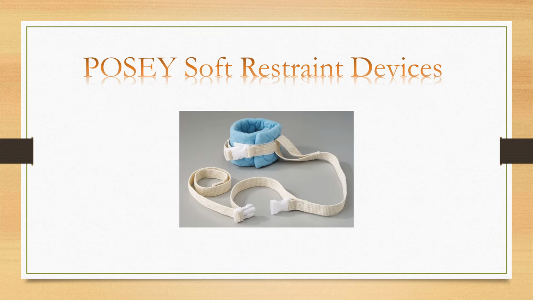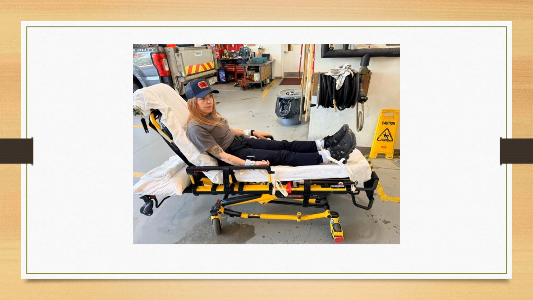So let's talk about different types of soft restraint devices. Posey soft restraints are one of the most widely used soft restraints in the healthcare setting due to the ease of their application and the dual quick release clips. When applied properly to the stretcher and the patient, you'll notice that the hands of this patient are secured tightly by the hips and the ankles securely at the bottom of the stretcher.